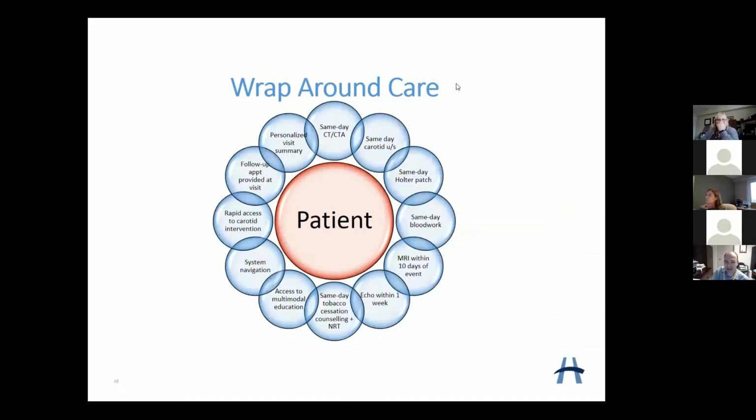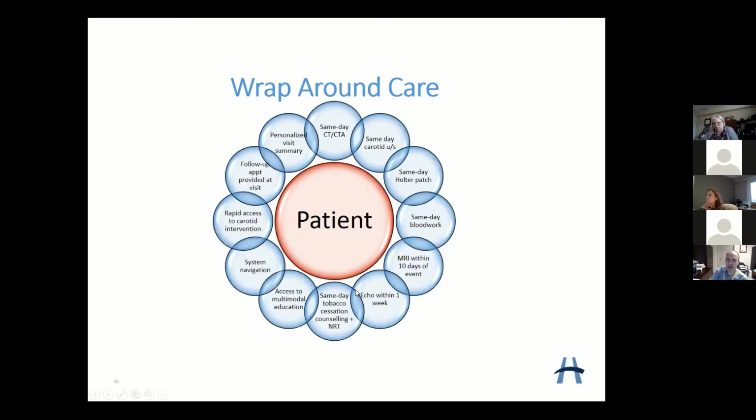This is actually a slide that Lisa Franzi contributed, and it's the concept of wraparound care. So a lot of our patients, I realize this is an acute stroke workshop for patients that are admitted to hospital, but even for TIA and minor stroke, what we attempt to do is same day vessel imaging, same day Holter patch, same day blood work, get MRIs quickly, echoes quickly, same day smoking cessation, rapid access to carotid intervention, personalized visit summary.